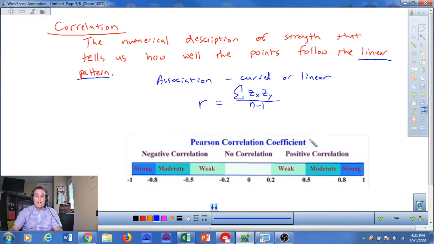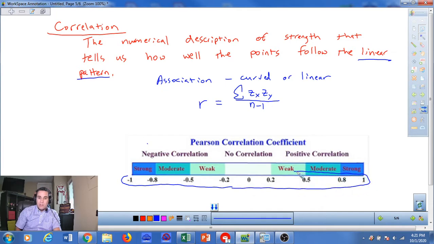Now, what are the numbers? What's going to come out of this formula? Here's all that can happen on this formula. You can get a number between -1 and 1. That is it. There's no correlation bigger than 1. There's no correlation less than -1. These are the only correlation numbers you can have.